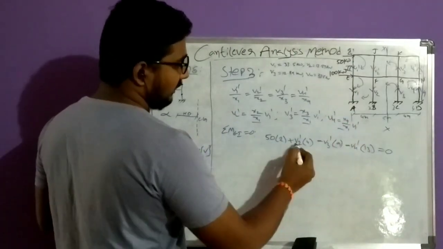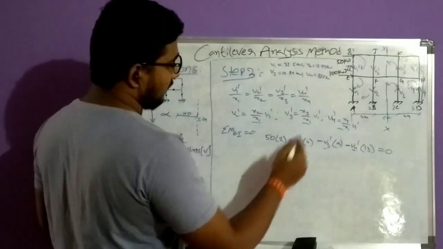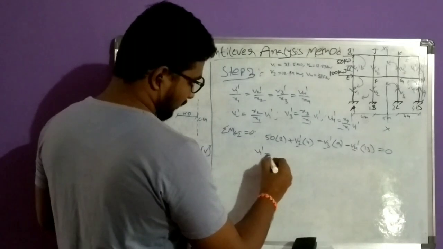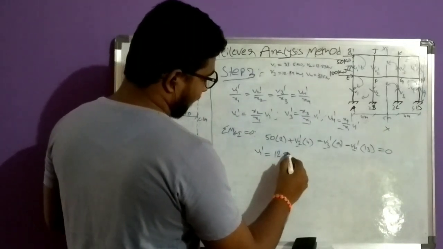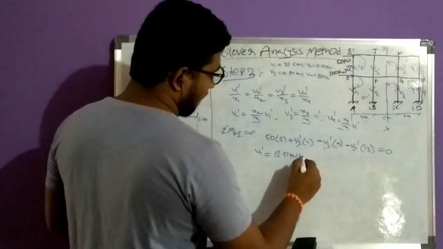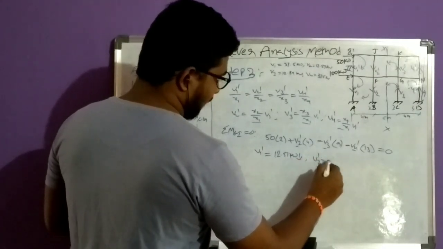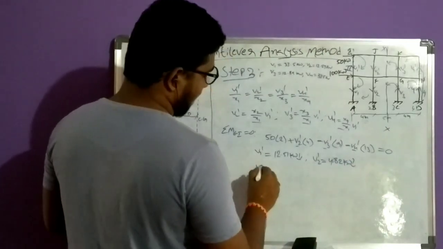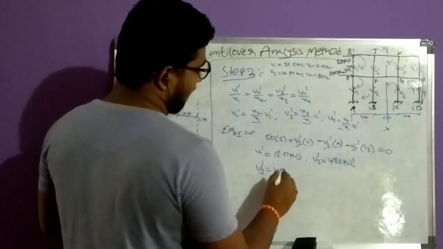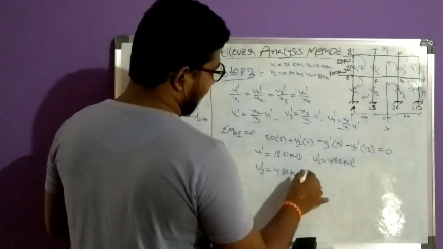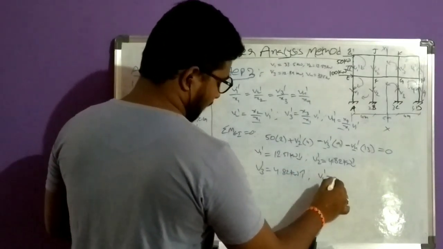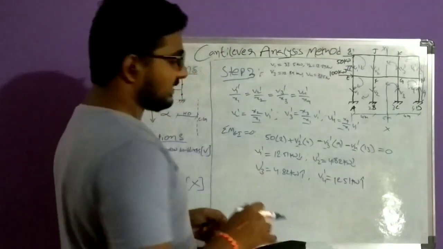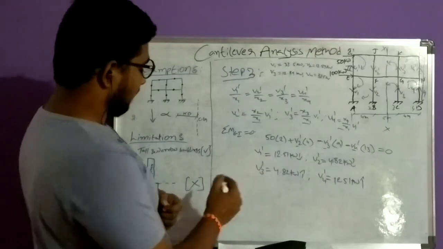We will include V2, V3, V4 dash values from here, and we will get V1 dash equal to 12.51 kilonewton downward, V2 dash equal to 4.82 kilonewton downward, V3 dash equal to 4.82 kilonewton upward, V4 dash equal to 12.51 kilonewton upward.